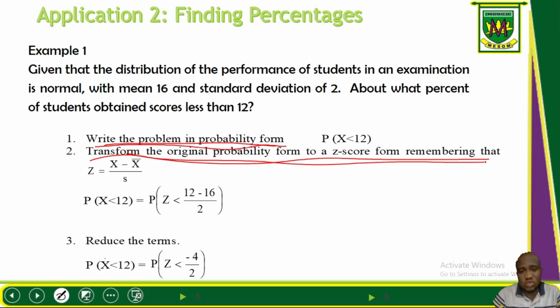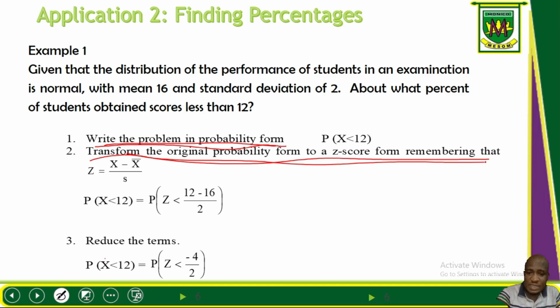So the first thing you have to do is convert your problem to probability form. I mean the entire question to a probability form. And the entire question is looking for the percentage of students who are likely to score less than 12.